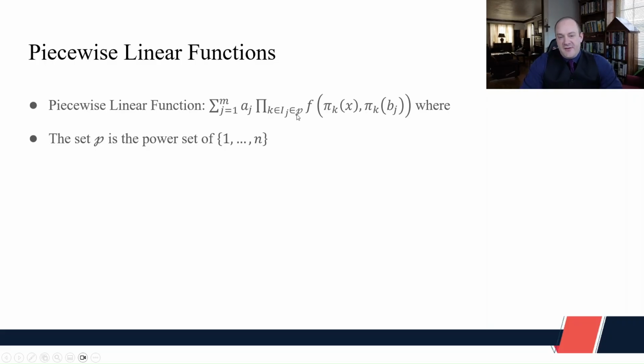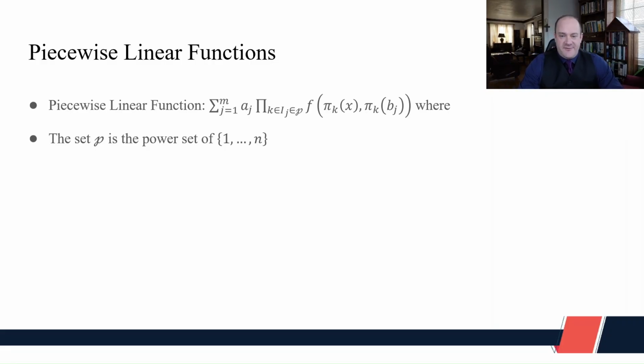And what is script p here? Well, that is the power set of 1 to n. So what we're saying is in each one of these terms here, of which there are m, in the jth term, we're grabbing a subset of our variables. Not all of them, maybe all of our variables, maybe it's just one variable. A subset of our variables.